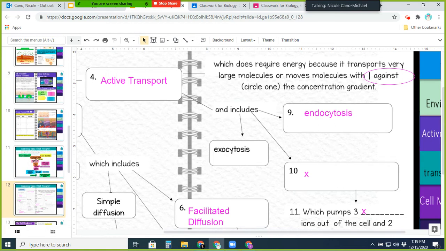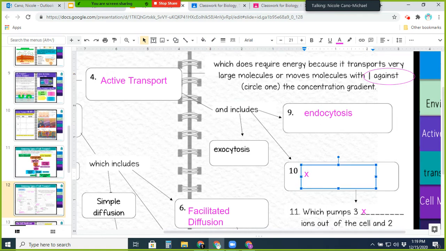In endocytosis, if you've ever watched any kind of sci-fi with a blob creature, the blob will always kind of surround the person or whatever and sort of swallow them up. That's exactly how endocytosis works. If there's something outside of the cell that the cell needs to bring in, the cell will surround it and then pull it in. There is a video in your notebook that goes through this very, very well. It's one of the Amoeba Sisters videos.